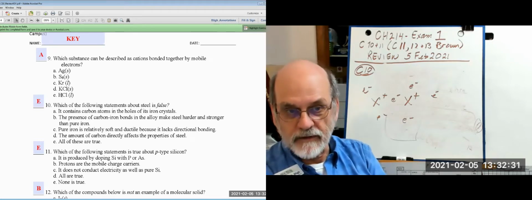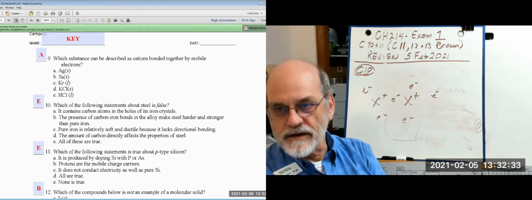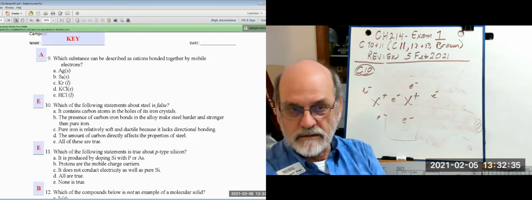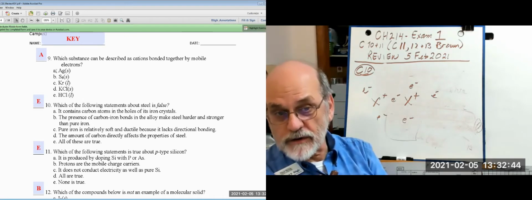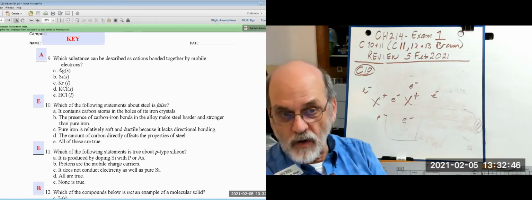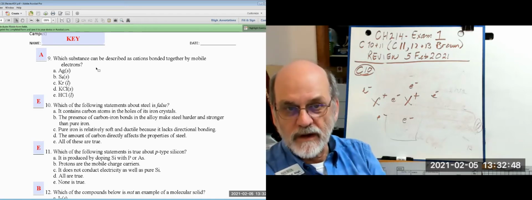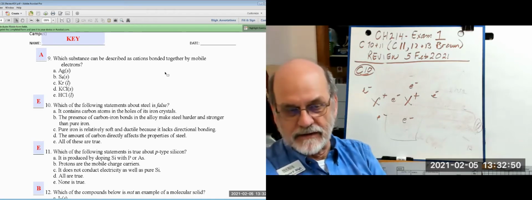So that doesn't fit. And HCl is a polar compound, so its bonding is polar covalent. So really the only one that works is silver. Silver's the only free metal in this whole group that fits that statement.